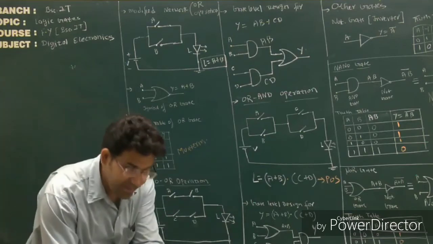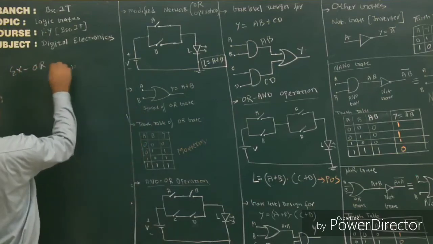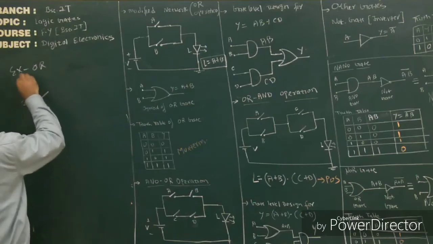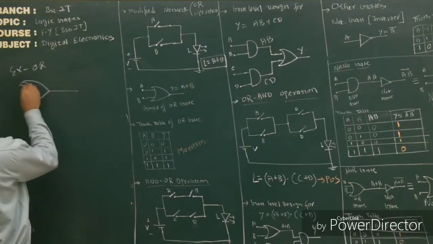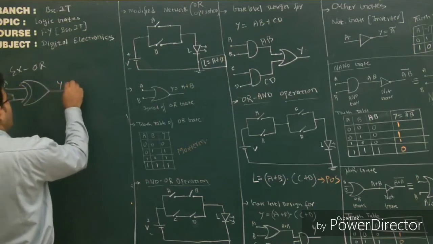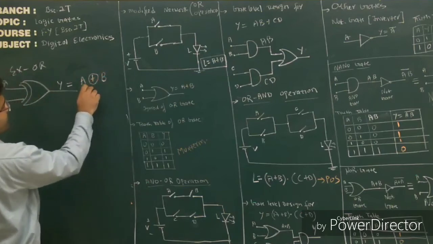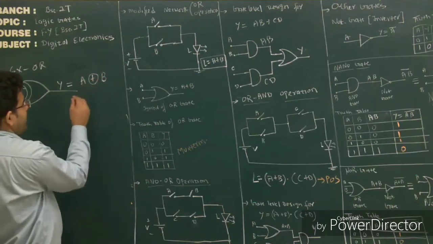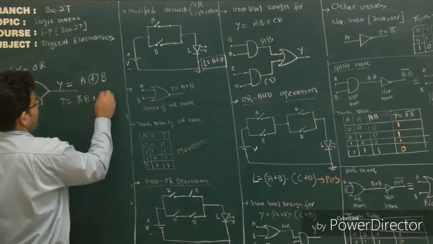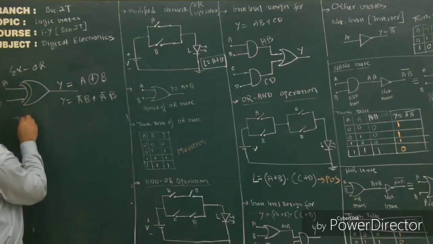So first is the XOR gate, exclusive OR. Two inputs again and 1 output Y, and XOR is represented like this. This symbol indicates XOR. Actual expression for this is A bar B plus A B bar. Let's see the truth table.